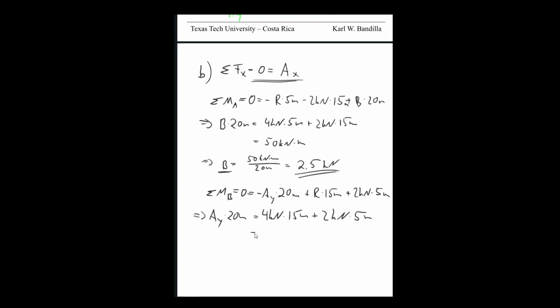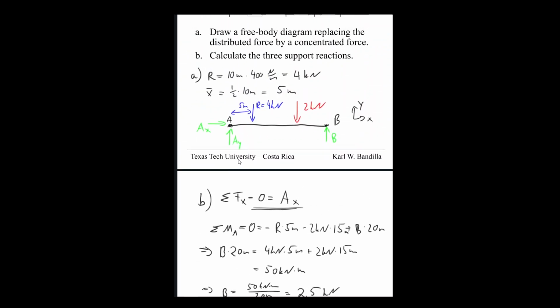And that together is 60 plus 10, which is 70 kilonewton meters. So that means AY is equal to 70 kilonewton meters divided by 20 meters, 3.5 kilonewton. AY comes out positive, which means that it's acting upward as we assumed it would.